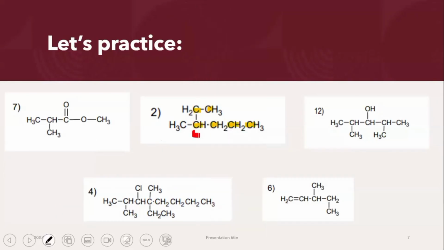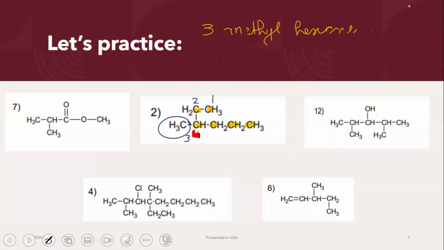But if I count from the left side, I get 1, 2, 3, which means that I will choose the side which gives me the smallest number. So when naming this compound, we are going to be naming this methyl hexane. And where is the methyl group located? It's located on carbon atom number 3. So that's how we're naming compound number 2.